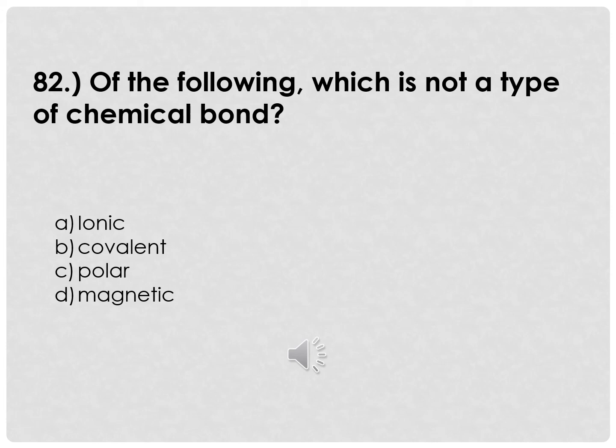This can be either polar covalent or non-polar covalent. It's a polar covalent bond if one of those atoms that's sharing the electrons wants the electrons more than the other atom. It's non-polar covalent if they both want the electrons the same. The type of bond that is not a chemical bond on this list is D, magnetic bond.